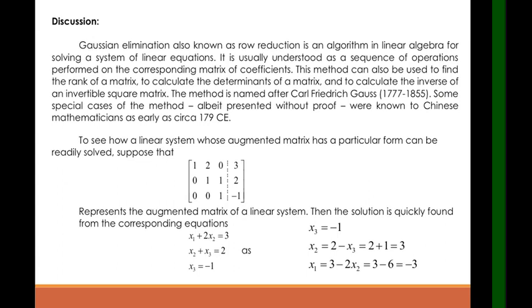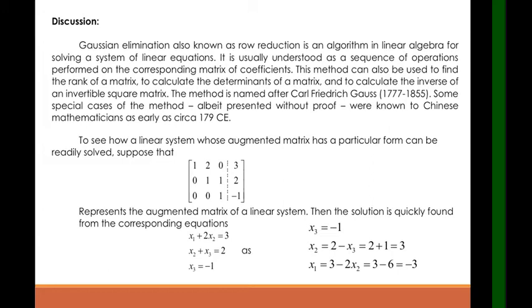Gaussian elimination, also known as row echelon or row reduction, is an algorithm in linear algebra for solving a system of linear equations. It is usually understood as a sequence of operations performed on the corresponding matrix of coefficients.